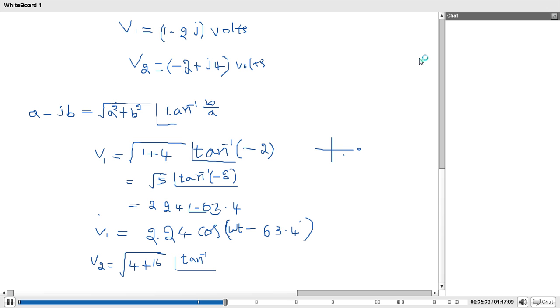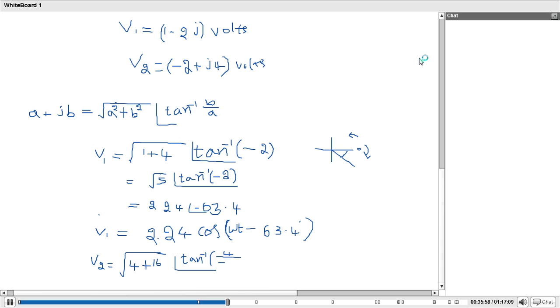This is 0 degrees; clockwise is negative and anti-clockwise is positive, so minus 63.4 is somewhere here. And here in this case V2 is minus 2 plus j4, so tan inverse of 4 by minus 2.